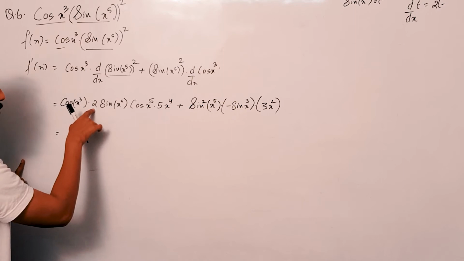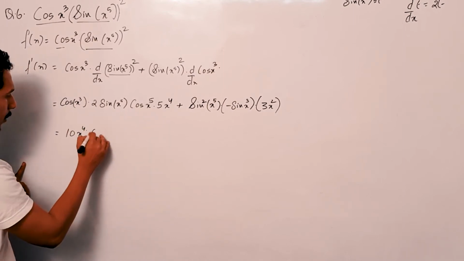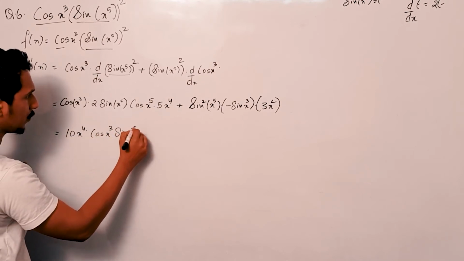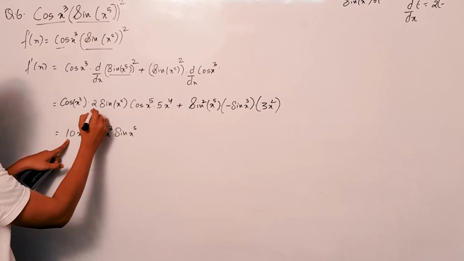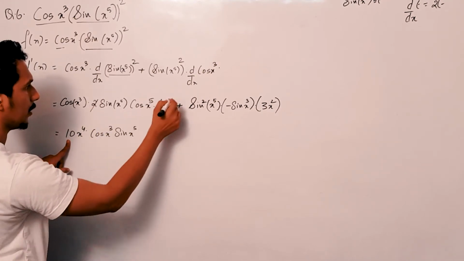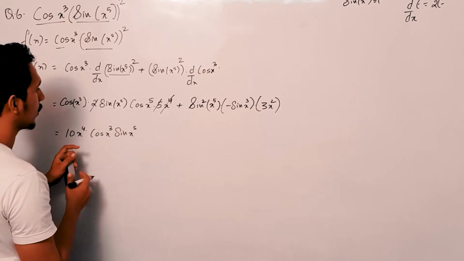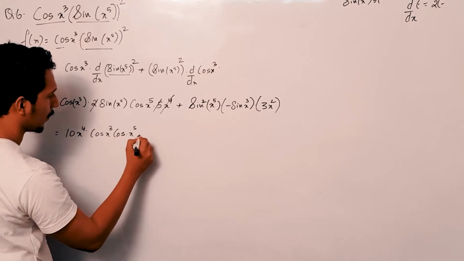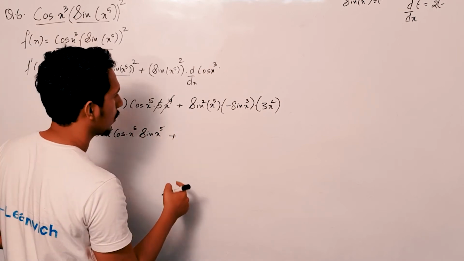No, actually. So this 2 and 5 will become 10x raised to 4, then cos x cube sine x raised to 5. Into, okay, 2 I've taken, 5 I've taken, that is 10, then x raised to 4 is here, then cos x cube and cos x raised to 5, and then you have sine x raised to 5, plus, here what do we have?